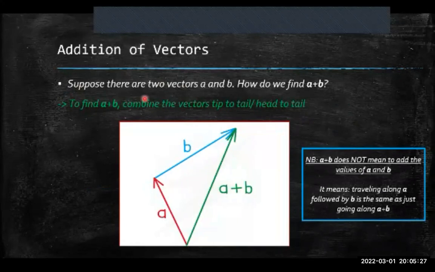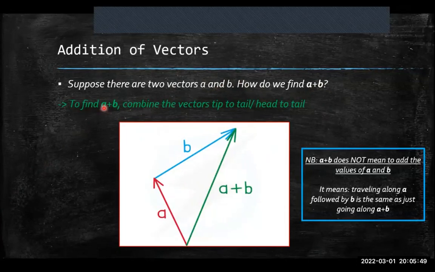Addition of vectors. Suppose there are two vectors A and B. How do we find A plus B? Let me not tell you. Right. So to find A plus B, you have to combine vectors tip to tail or head to tail.